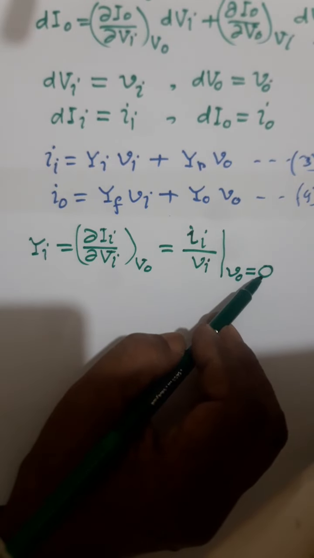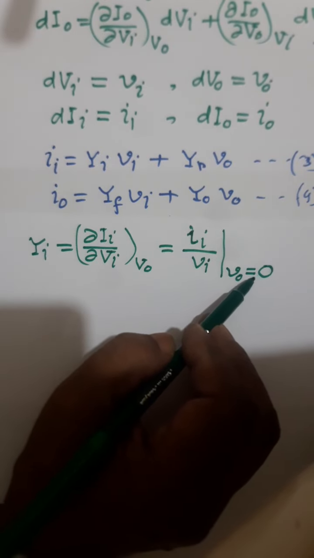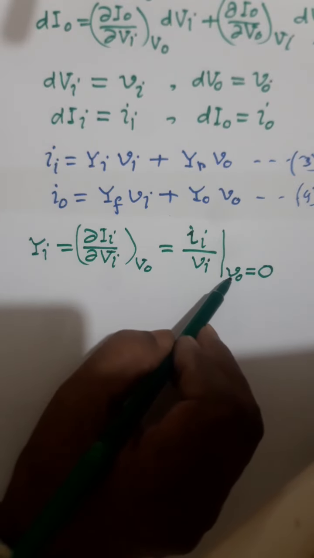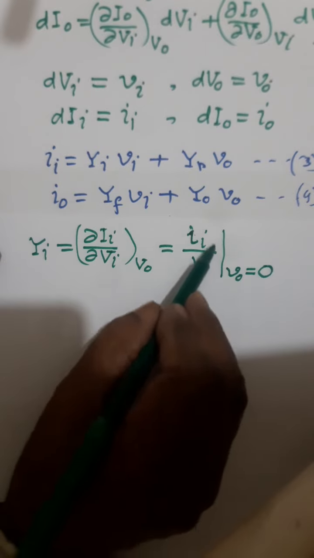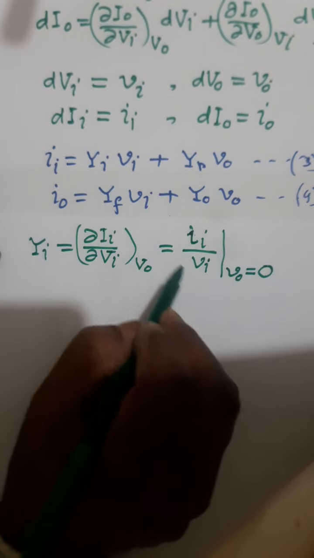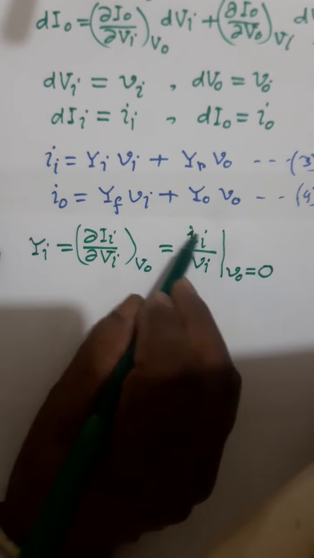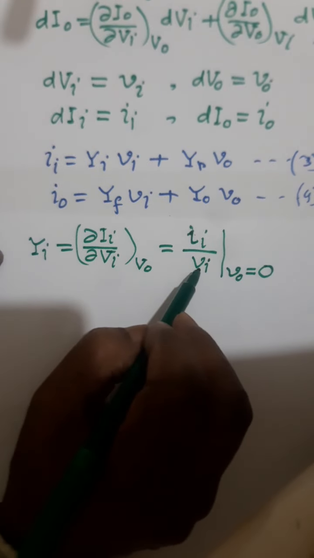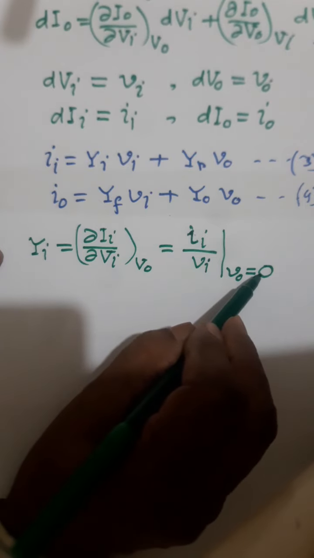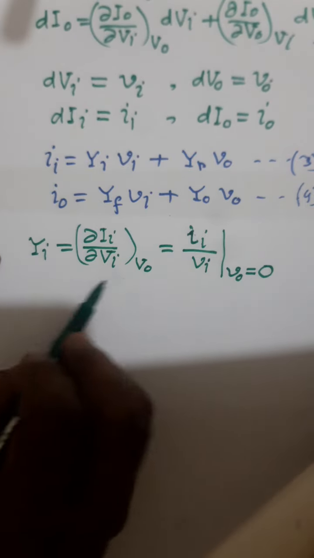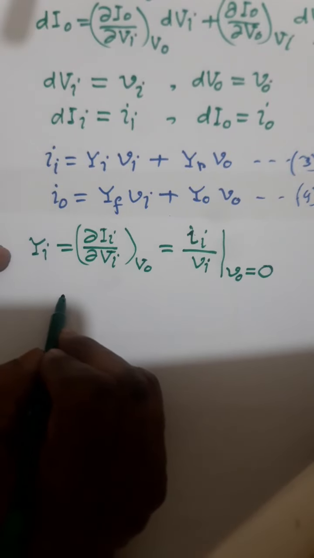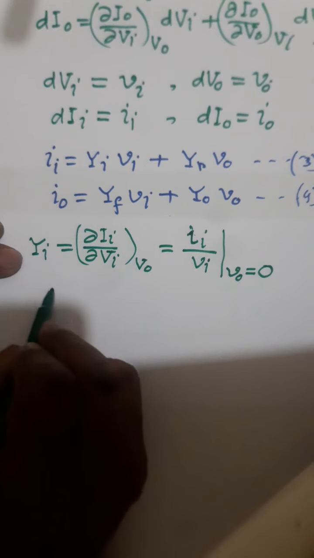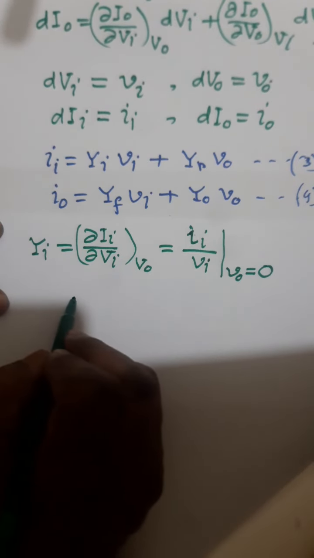So the output is short circuited. Current by voltage is admittance or conductance, so this is the input admittance with the output short circuited. Yi is the short circuit input admittance.